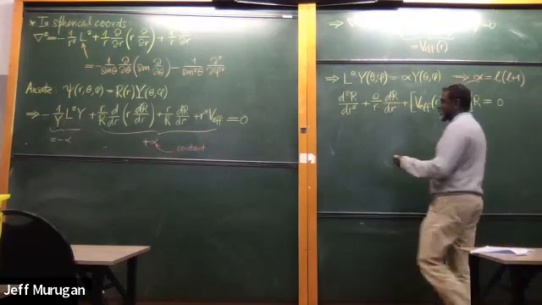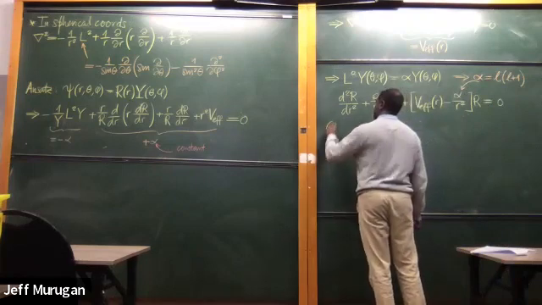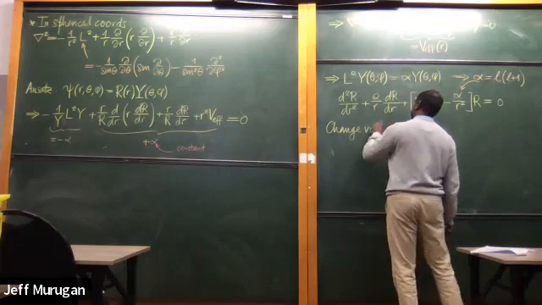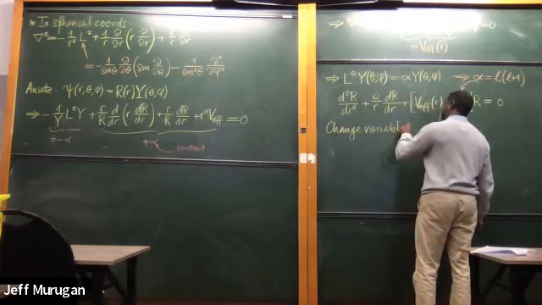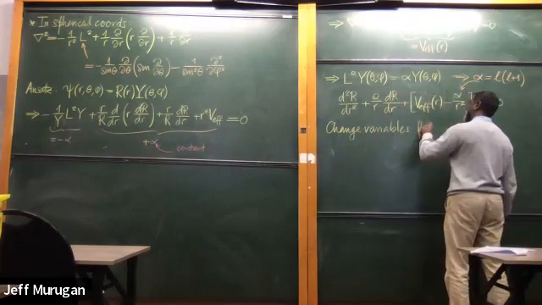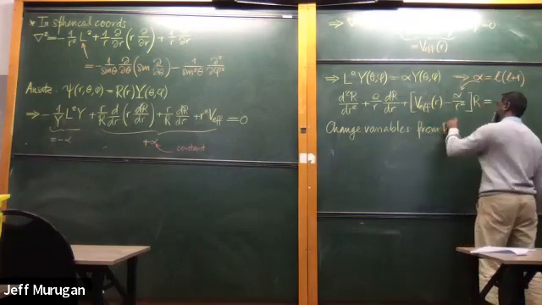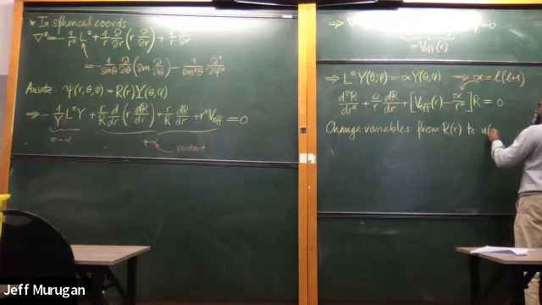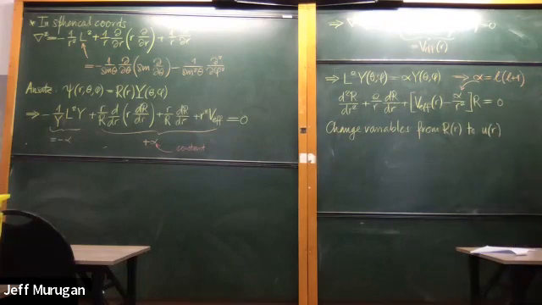So let's change variables from R to wave function U of r, and U of r is going to be just r times R of r.